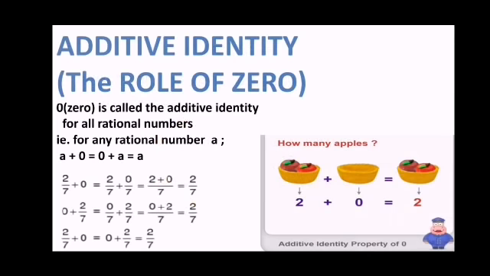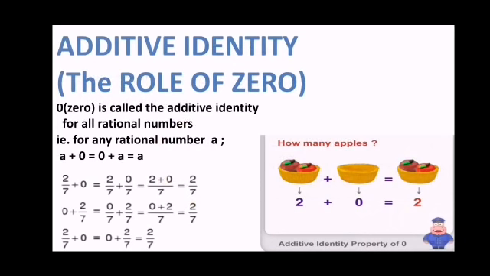Let's start with the property additive identity, or the role of 0. 0 is called the additive identity for all rational numbers. What this means is, if we take any rational number a, then a when added with 0, we will get the same rational number a back.